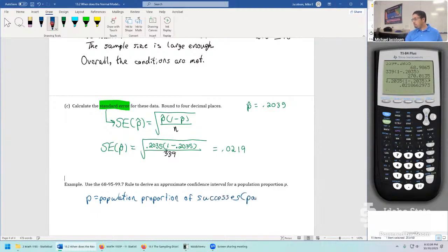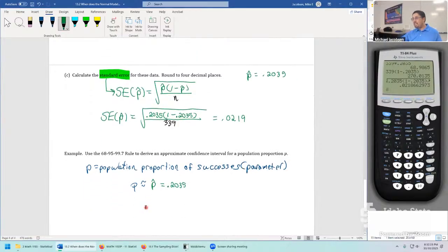In other words, this part is the parameter. It's unknown, but P is approximately equal to P hat, which is 0.2035. So we think that in the population of all infants in Great Britain, 1974, about 20% of them, a little bit above, had an adverse reaction.